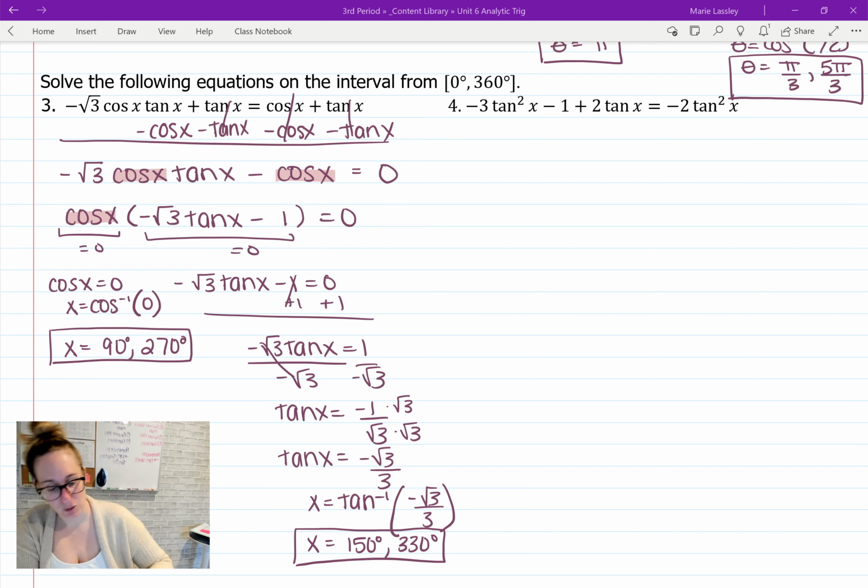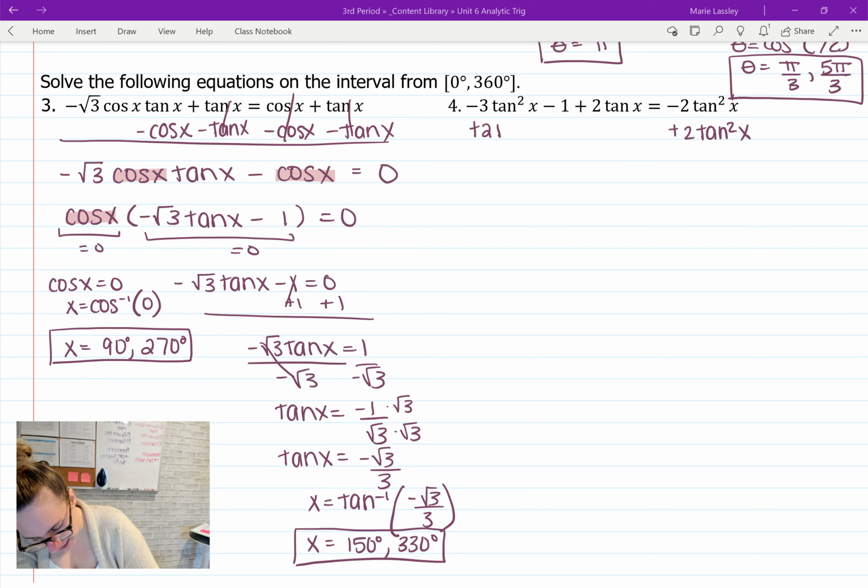So I'm going to start by adding 2 tan squared to both sides. Now we have negative 3 plus 2, so that's going to be negative tangent squared x plus 2 tangent x minus 1 equals 0.